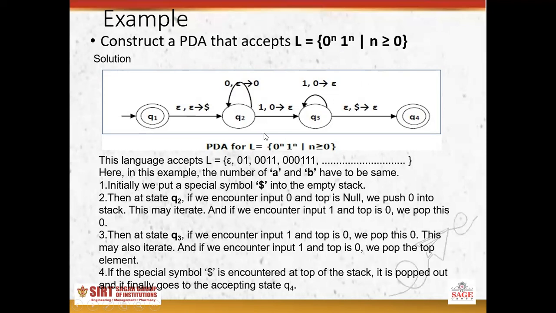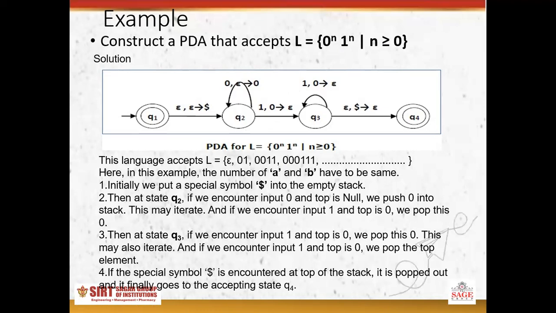So the language is epsilon, 01, 0011, 000111, and so on. It means the number of 0s and 1s is the same, with 0s before 1s.